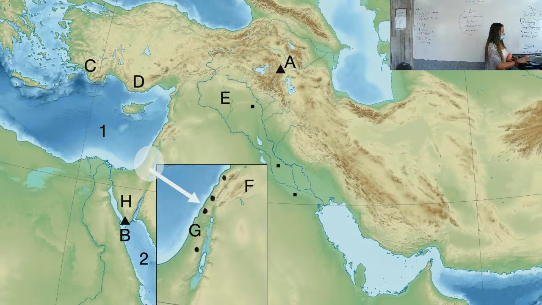Okay, number 2, what sea is that? Adam? Mediterranean. Not the Mediterranean. Tony? Which sea? The Red Sea, okay? Number 1 is the Mediterranean. Number 2 is the Red Sea. Okay, remember that's where Moses split the sea, or God let Moses split the sea.